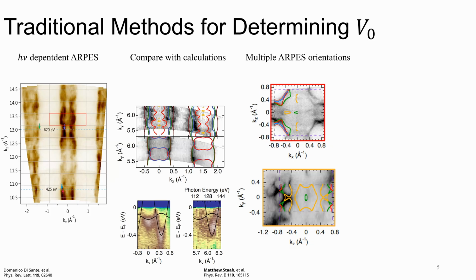You have to do some careful alignments to make sure you have a high symmetry plane there. But you can take photoemission from that spot, and it gives you 2 different data sets to align the inner potential with. The last thing you can do, which some people do, is just guess, because usually around 15 eV is about right. And there's plenty of good work that's been done where you just guess a reasonable number.